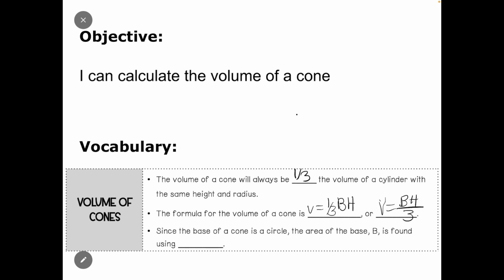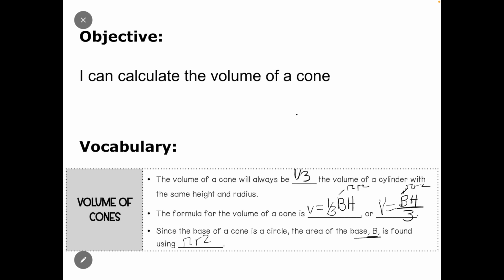Now, since the base of a cone is always a circle, that base formula is pi r squared. Since the base of the cone is a circle, B is found using pi r squared.